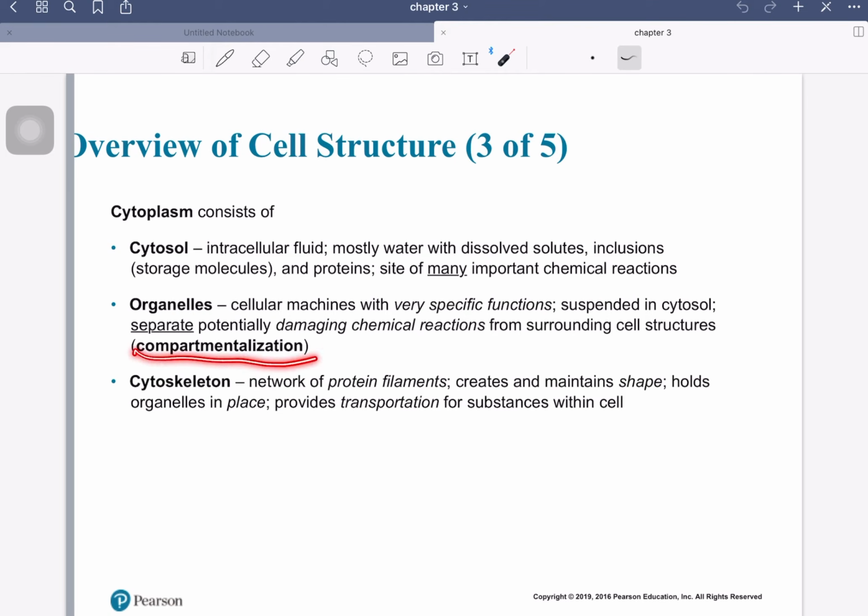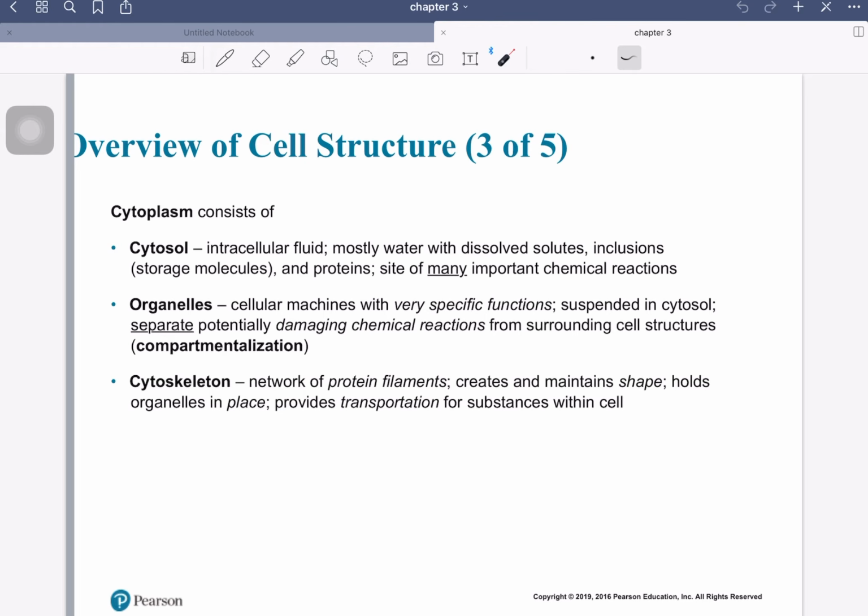And we have this concept of compartmentalization, which is that one of the jobs of the organelles is to be an organizing spot. It's where I can have special enzymes or special structures that allow that organelle to do its very specific function.